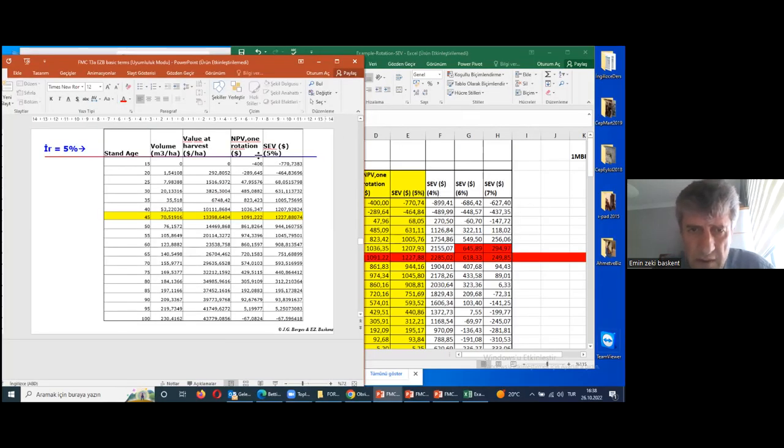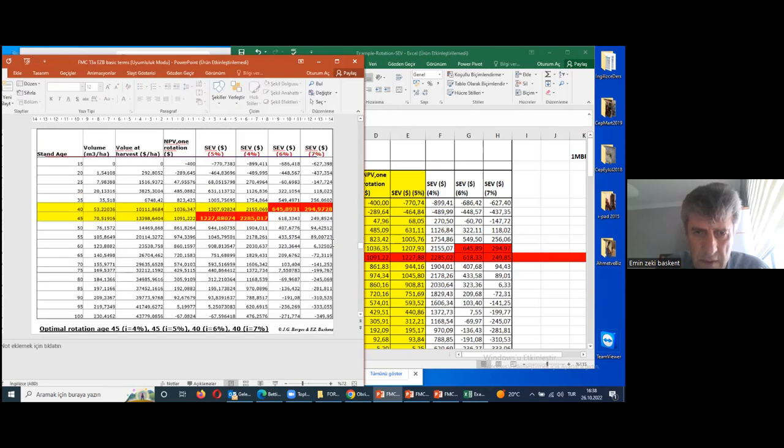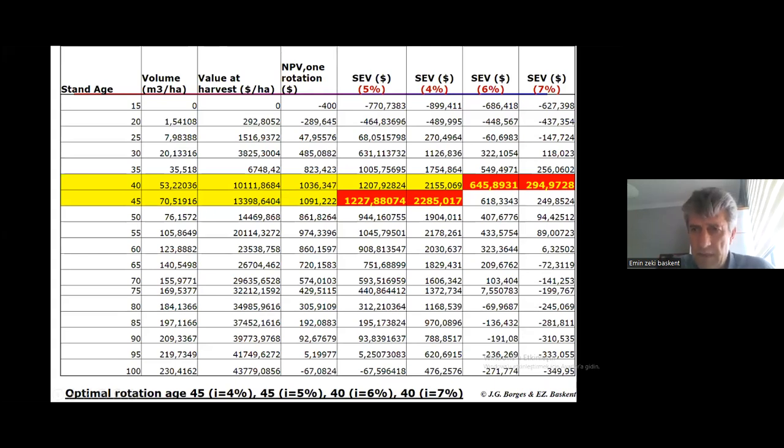As you can see, the rotation period is 45 when we have the discount rate of 4% and 5%, and if we increase the discount rate from 4, 5 to 6, 7, the rotation period becomes shorter.